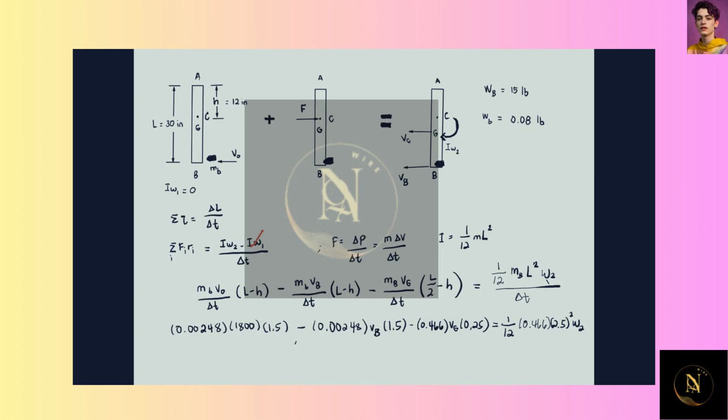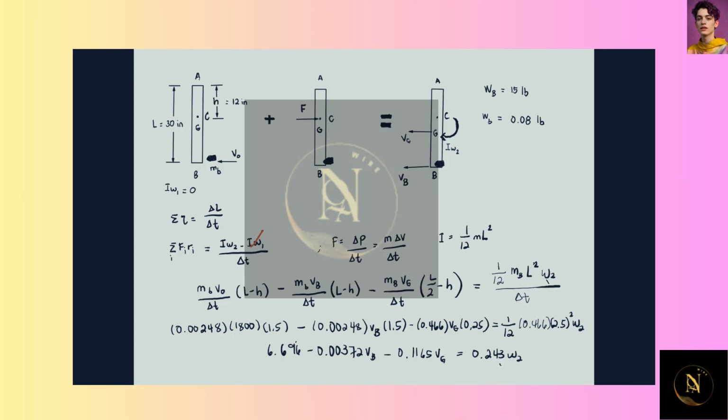So, simplifying the equation, this will become 6.696 minus 0.00372 V sub B minus 0.1165 V sub G equals 0.243 omega sub 2.